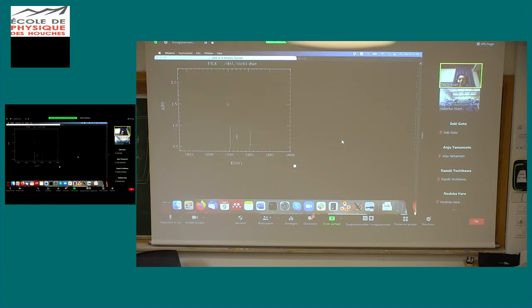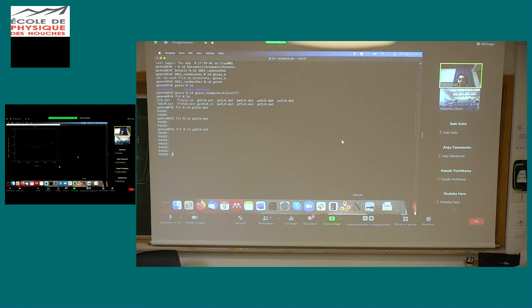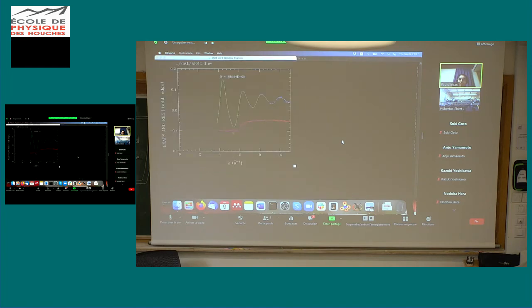Then here there is the edge energy that is chosen by the program, and this is the jump. And then here we have the post-edge background, and you see here this is the multiple electron excitation that has been fit. So it has this shape. And you see here again this multiple electron excitation that we put.